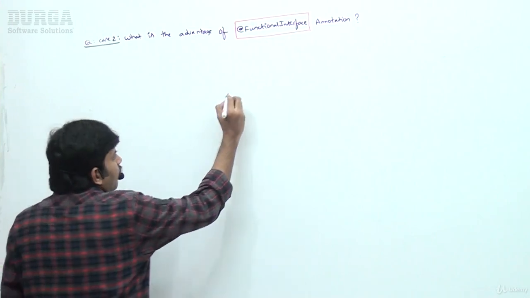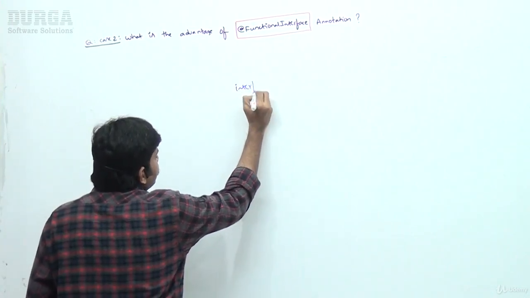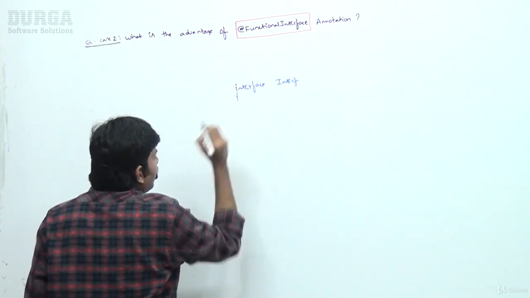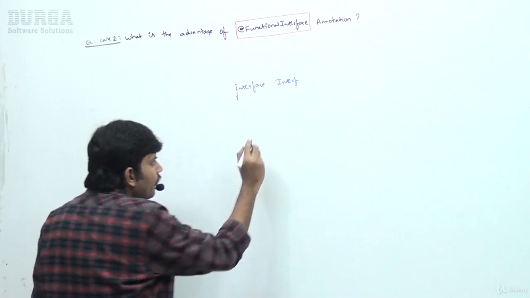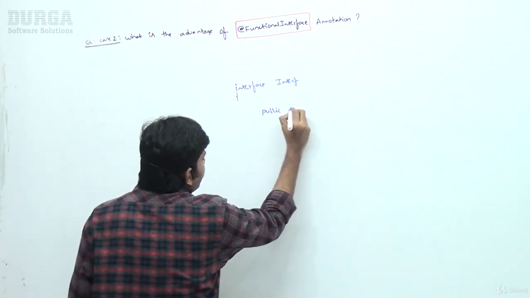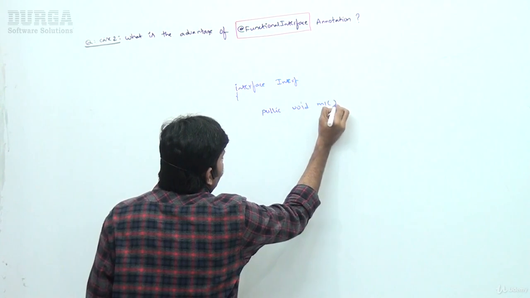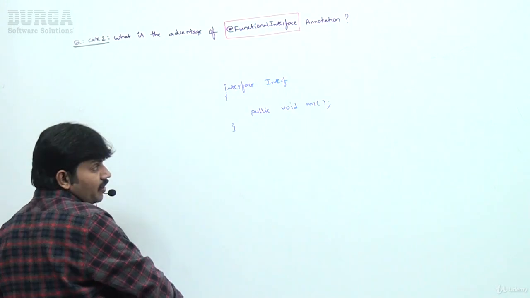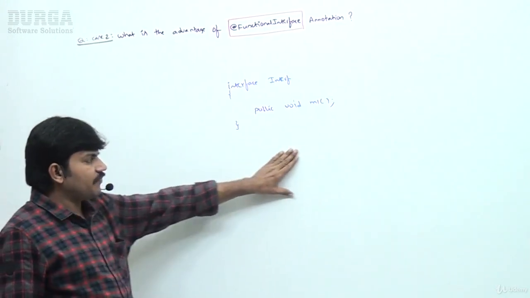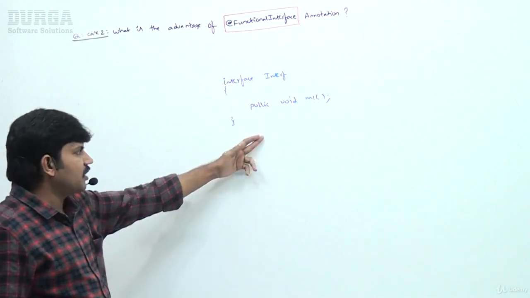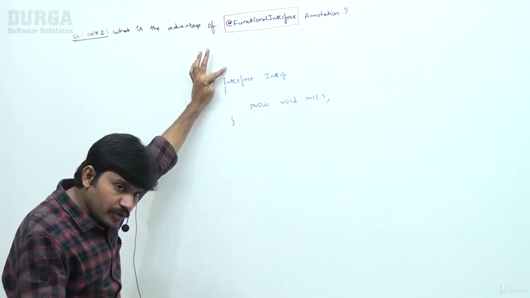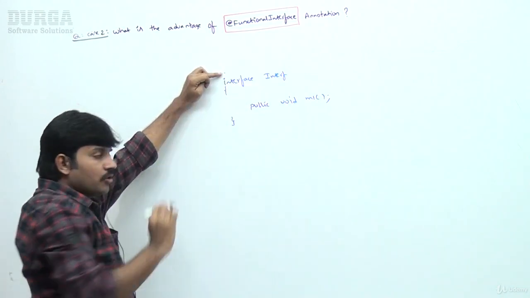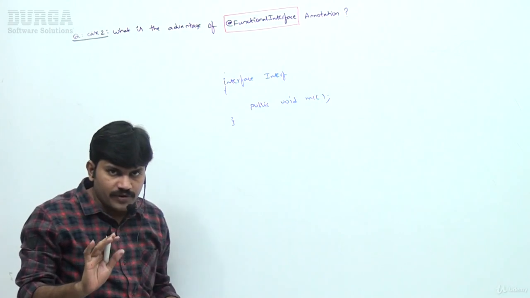I have one interface, Interrupt. It contains one method, public void m1. It's a functional interface only, because it contains only one abstract method. Whether you are using the annotation or not, no problem. It is a functional interface itself, right?